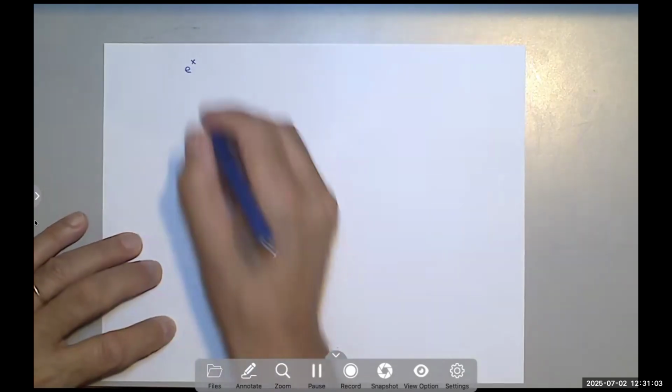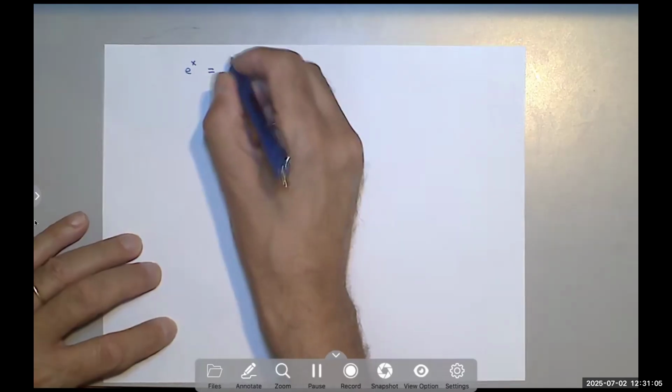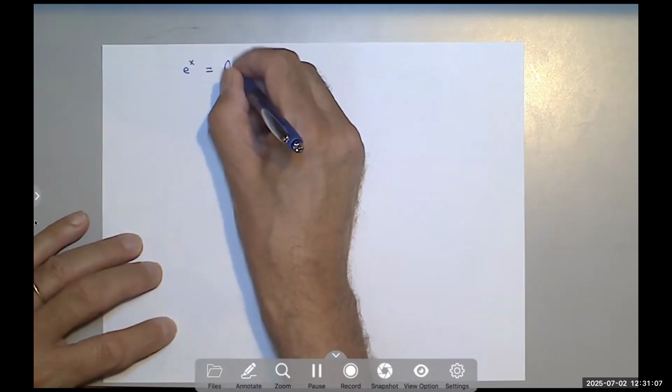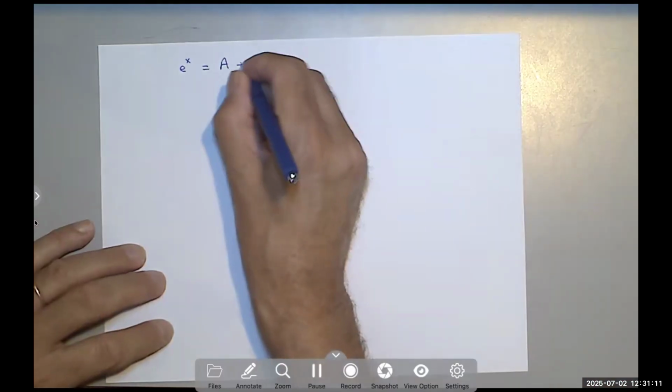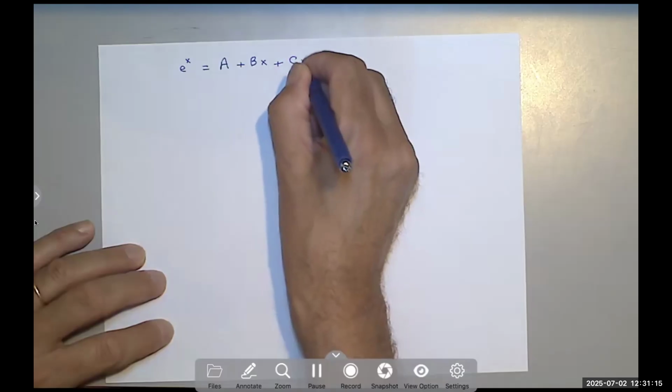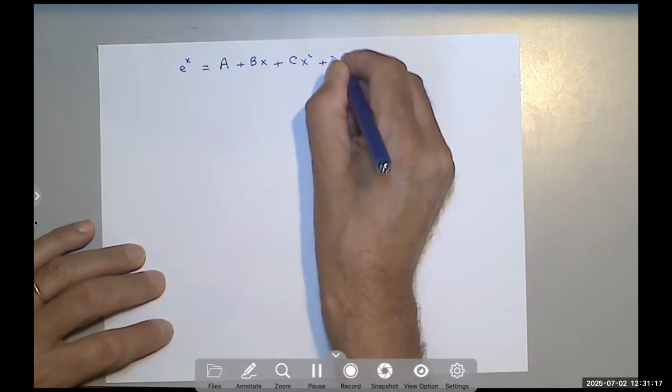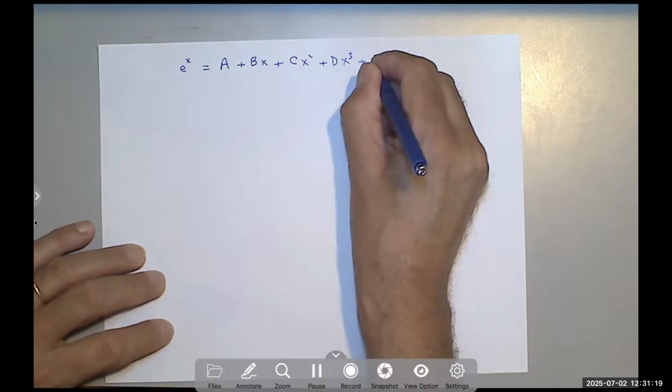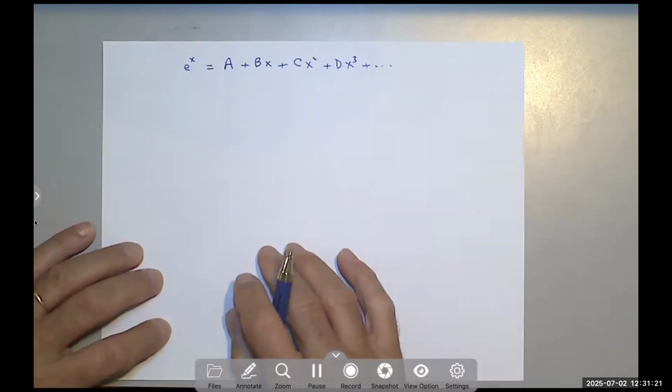So e to the x, if I want to write it as a polynomial, I'm going to write this polynomial as follows: a term a, which is a constant, plus a term times x, plus a term times x squared, plus a term times x cubed, and so on and so forth till infinity.